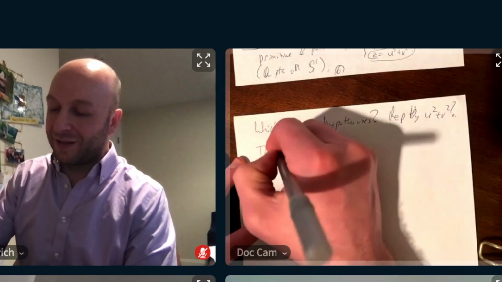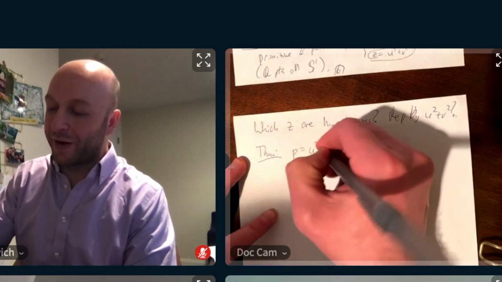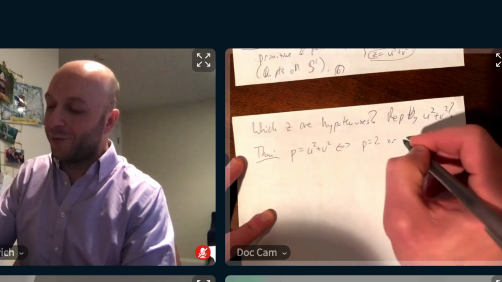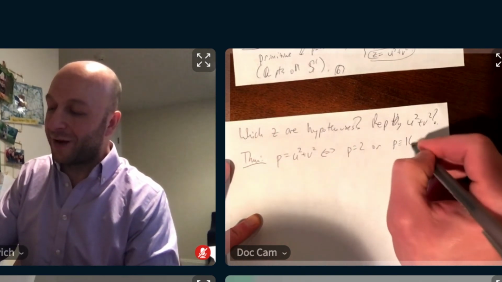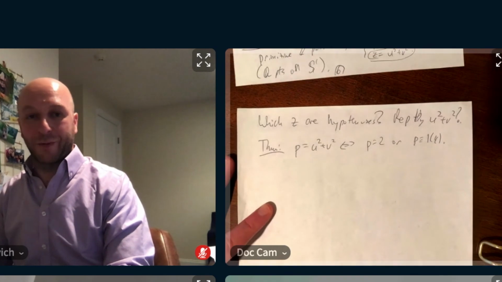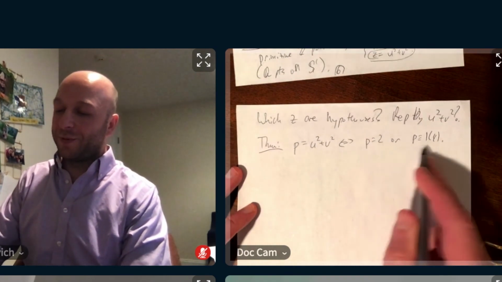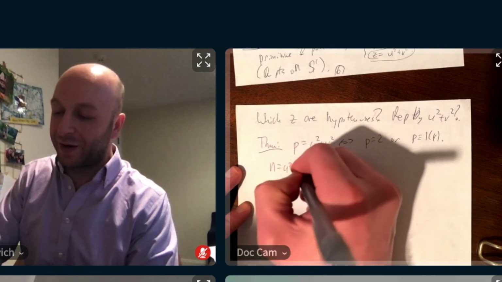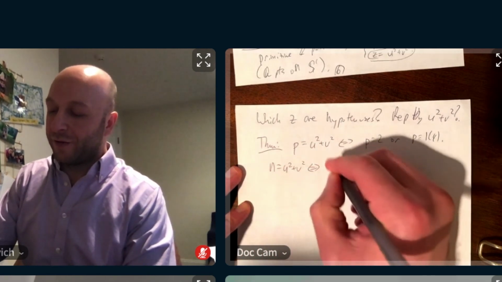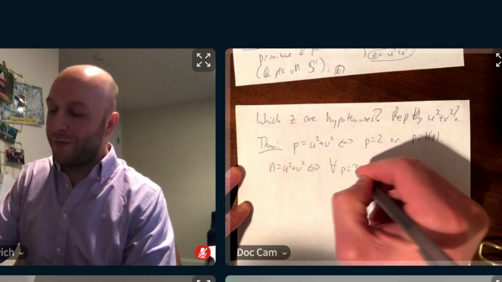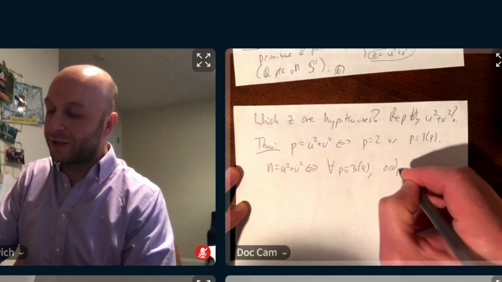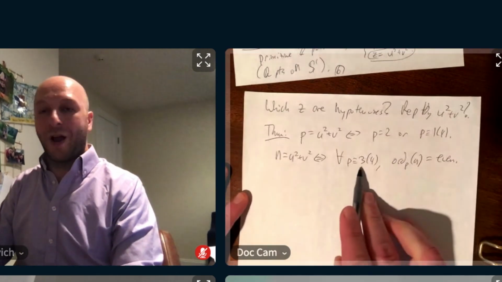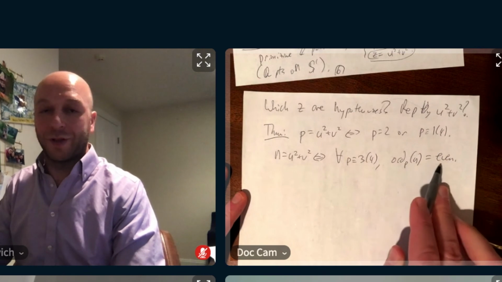Theorem: a prime is a sum of two squares if and only if it's equal to 2 or it's 1 mod 4 and not 3 mod 4. And then any multiples of these things and any multiples of squares. So n is a sum of two squares if and only if, for all primes congruent to 3 mod 4, the ord sub p of n is even. If you have a prime that's 3 mod 4 that divides n, it has to divide it with a square.